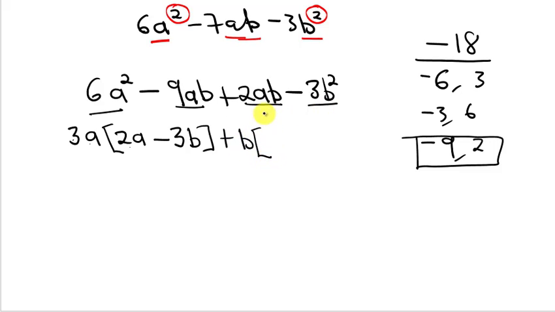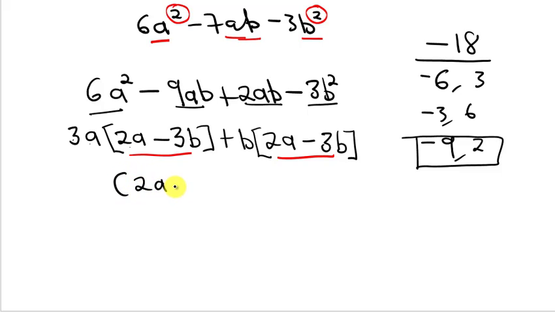We open the bracket, and we are left with 2a minus 3b. Since what we have in the bracket are the same, 2a minus 3b, 2a minus 3b, we are going to have 2a minus 3b.